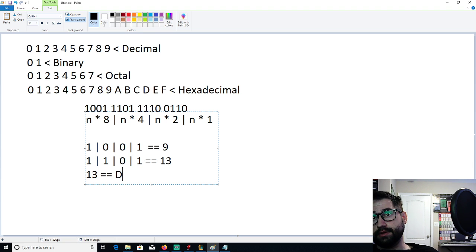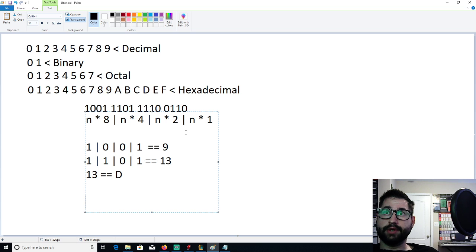And right now we're doing an extra step. We're converting it first to decimal, then taking the decimal and converting to hexadecimal. We don't have to do that. We know that each 4 bits of binary can show a single digit, or a single character, of hexadecimal. So when you have 4 bits, the highest you can get is 15.